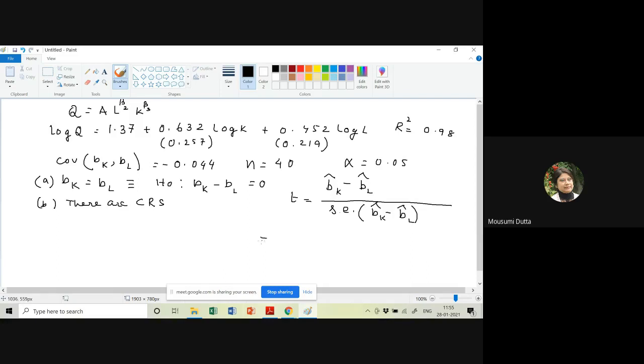So numerator, the values are already there, 0.632, 0.452.